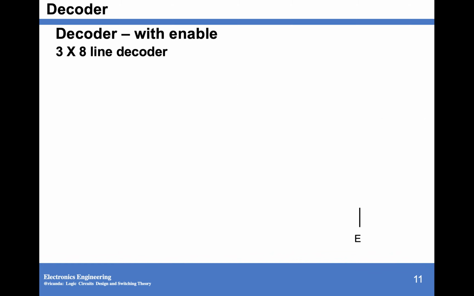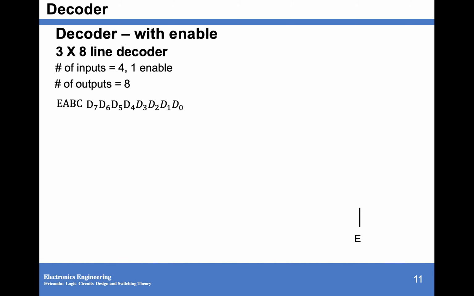That is also for your 3 by 8 line decoder. For input, because we have one enable, so we have 8 outputs. We have E, A, B, C, so we have 4 inputs, one of which is an enable.